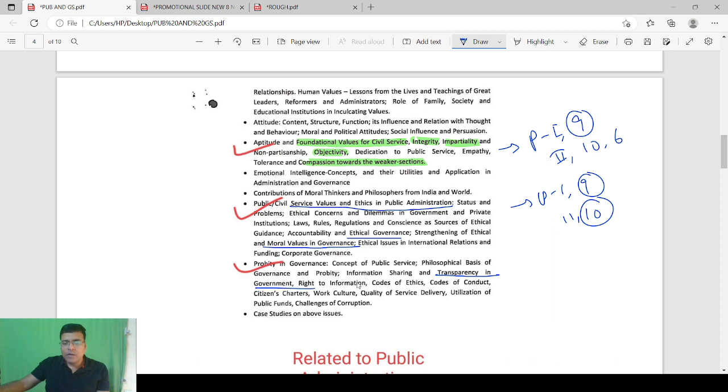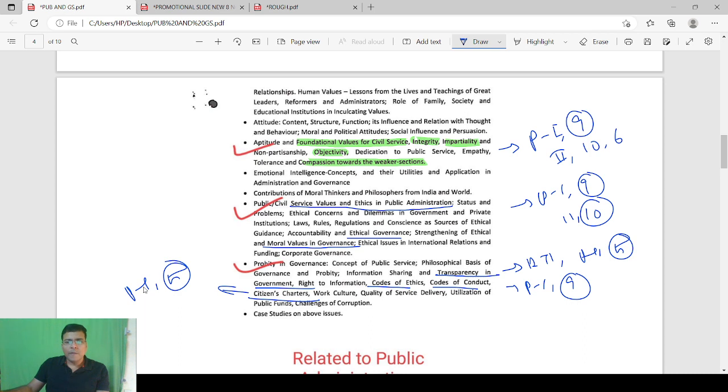Transparency in government, that is RTI, paper 1, unit 5. Code of ethics, code of conduct, paper 1, unit 9. Citizen charter, paper 1, unit 5. Challenges of corruption, paper 1, unit 5, paper 2, unit 10.